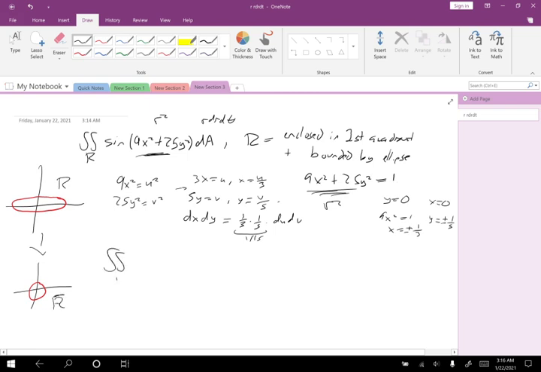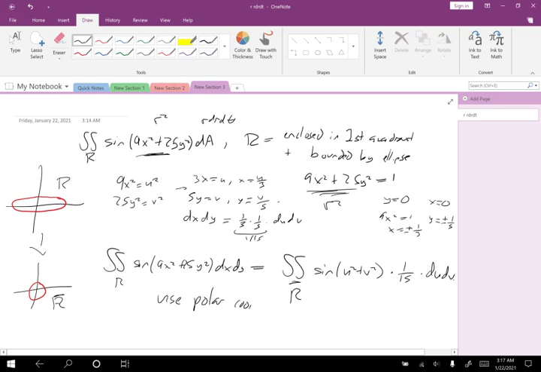So our integral over R of this sine, we conclude after transforming, it's an integral over R bar of sine of u squared plus v squared, and then we have our Jacobian 1/15, and then we have du dv. And so now I would again use polar coordinates. u equals r cosine theta, v equals r sine theta.